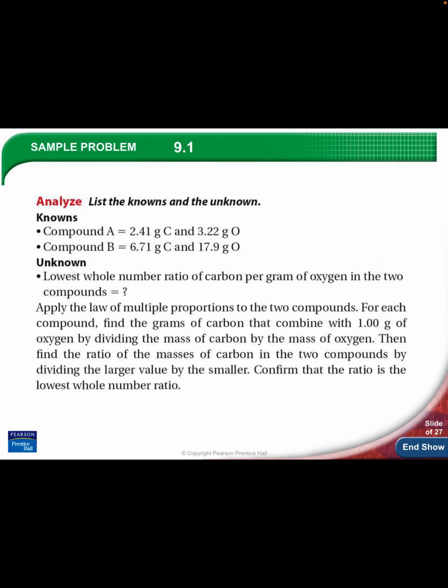mass of oxygen. And what you do is you do a little cross multiplication, and you solve each of them for how much carbon would combine with 1 gram of oxygen in each case.